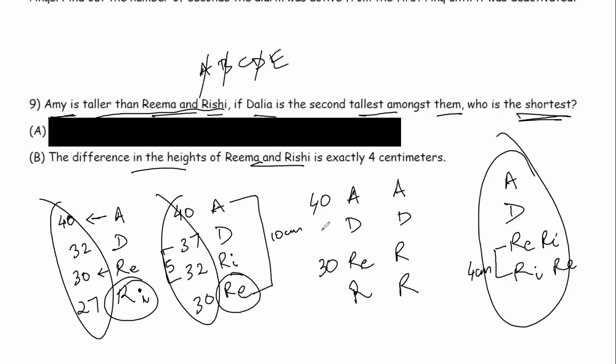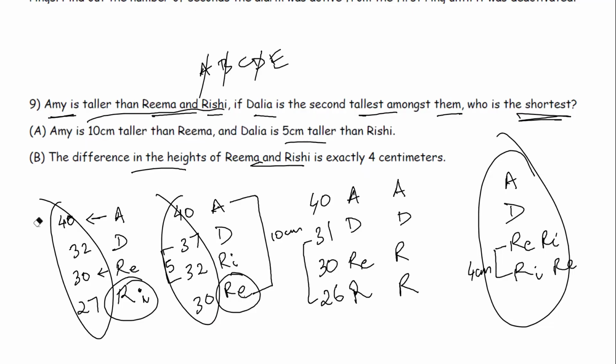And there has to be a 4 centimeter gap, so let's say this is 26, then this would be 31, right? Because there should be a 5 centimeter gap between Dahlia and Rishi. If you look at this first statement out here, got it. 26 plus 5 is 31. 30 plus 10 is 40. And I made sure there's a 4 centimeter gap between Rima and Rishi.